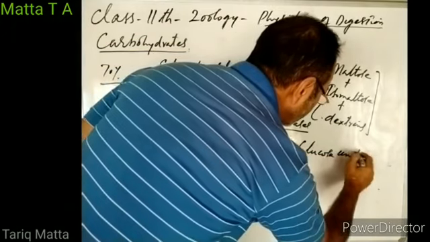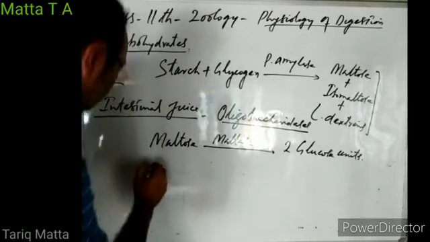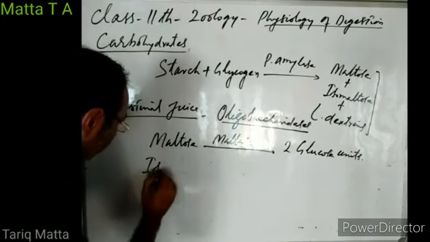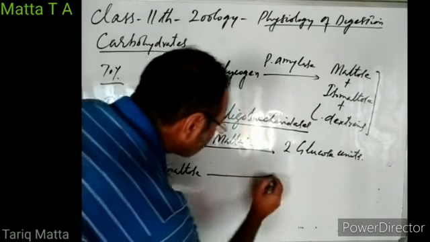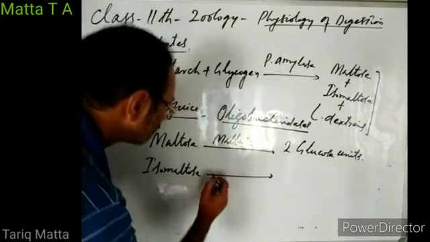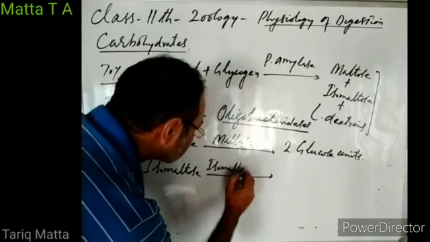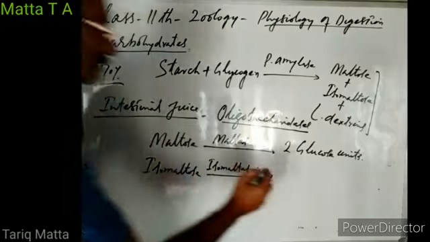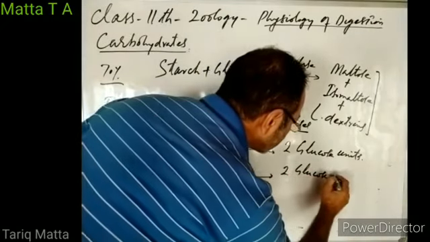You can see here, maltose is a disaccharide, right? Similarly, isomaltose is acted upon by another enzyme known as isomaltase, and it breaks it into two glucose units.